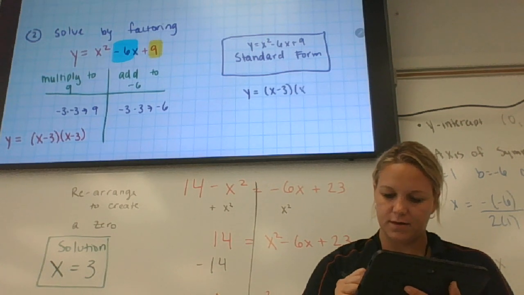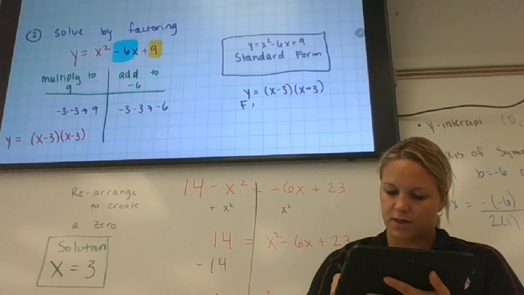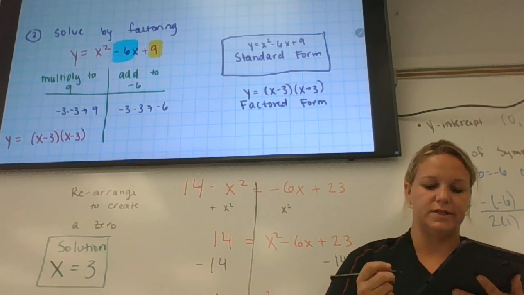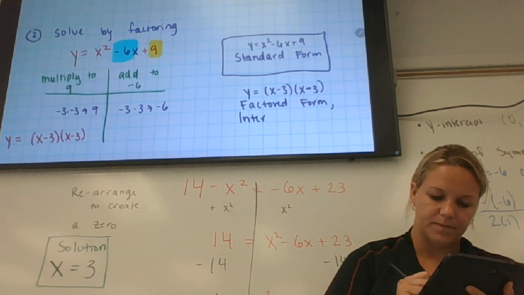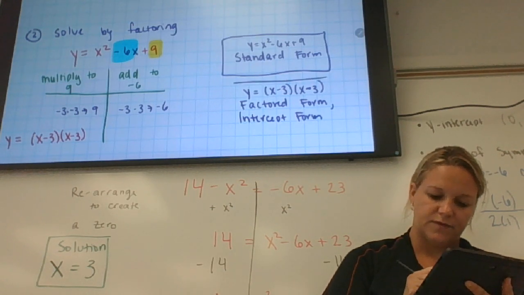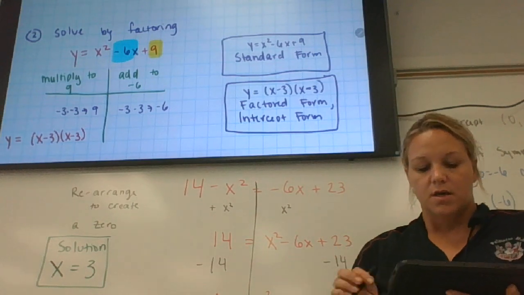These are equivalent. They look the same when they're graphed. This one's called factored form. It's the same problem in a different form. Also called intercept form, because factors show where the x-intercepts are.